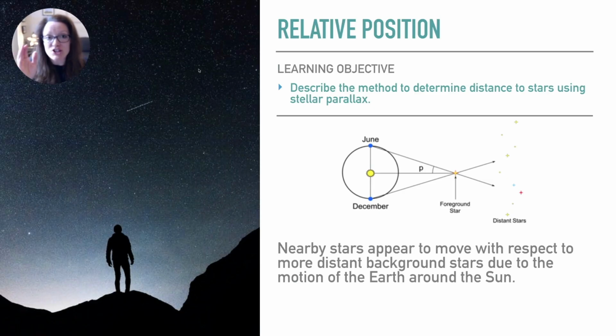At one stage in June, say in the summer, we're at one extreme of the orbit of the sun. And 6 months later, we're at the other side of the sun in terms of the orbit. And that fact is really useful for us determining distances. And I'm going to come back to why.